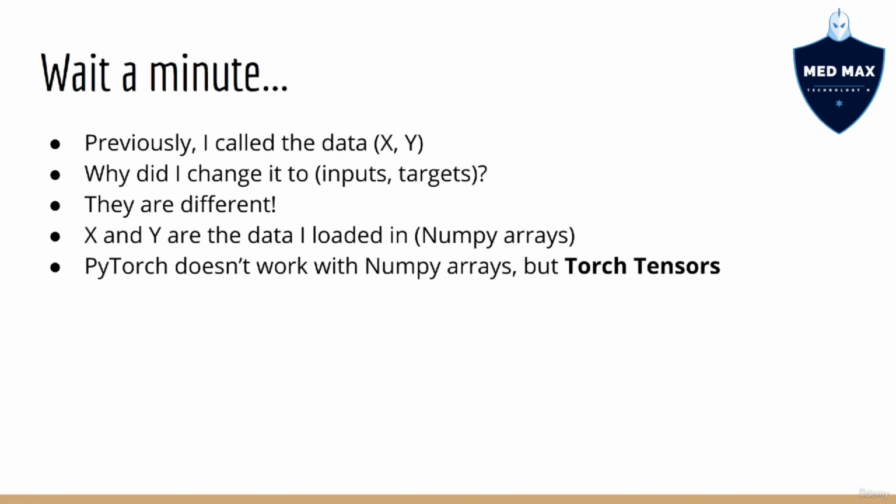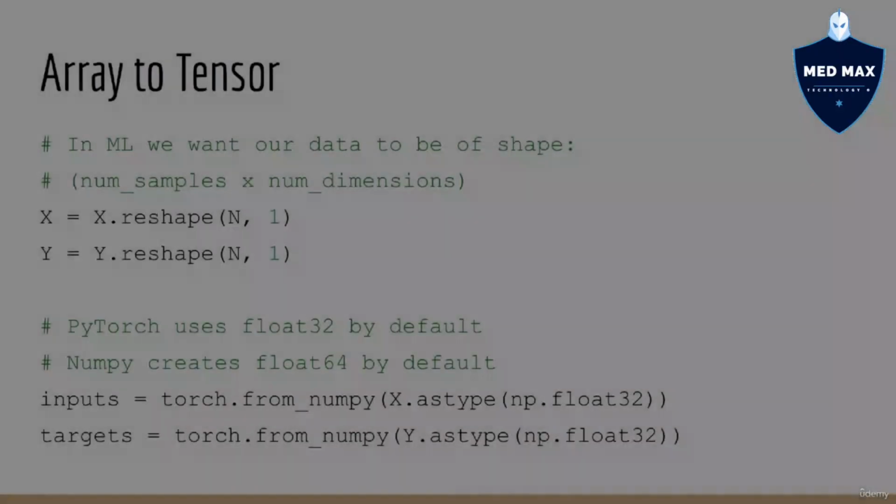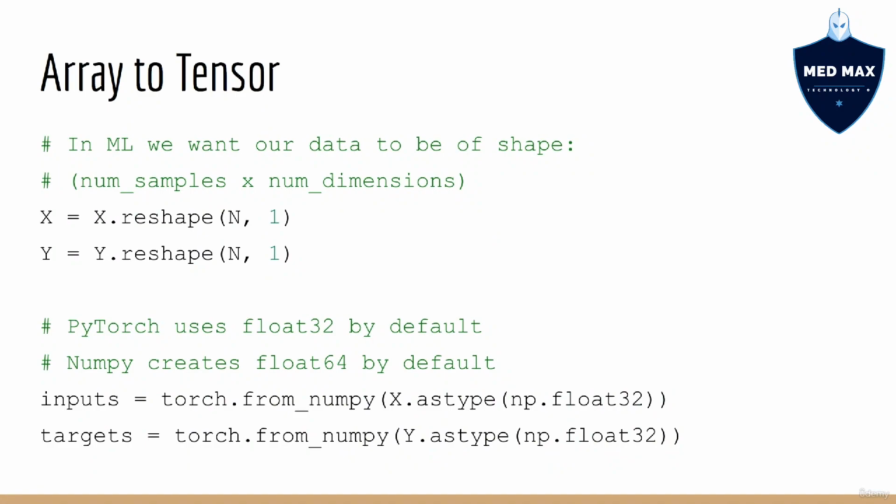Instead, PyTorch works with torch tensors. These are basically arrays, but they are special arrays that are part of the PyTorch library rather than the NumPy library, so they have some special functionality. So some conversion has to take place before you pass the data into your model. In the following example, for simple linear regression, the steps are what you see here.